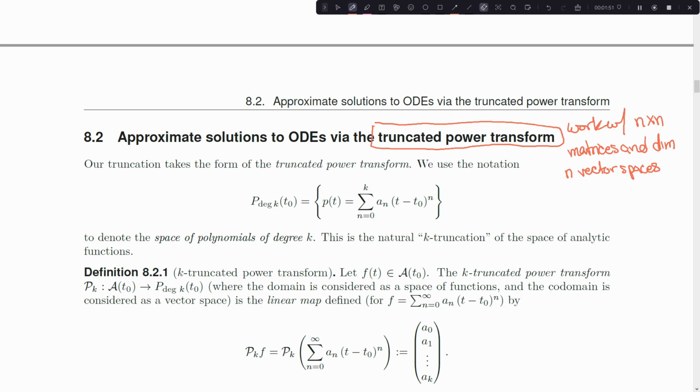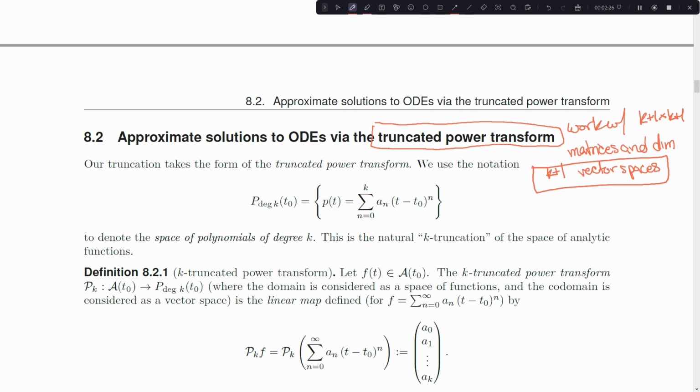And I probably shouldn't say n by n matrices and n vector spaces, because we're going to be double indexing that. It's k plus 1 by k plus 1 matrices and k plus 1 dimensional vector spaces. So we just choose a big K and we say, for that very large K, I have a matrix which almost represents my ODE. And then I end up with a vector space which is k plus 1 dimensions large, and that ends up with a kth degree polynomial.